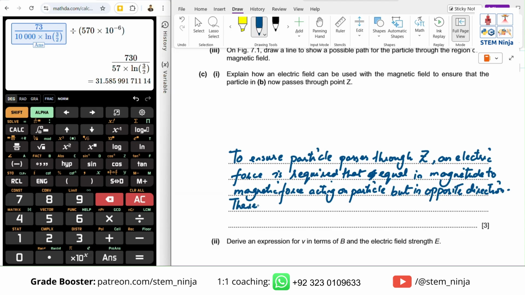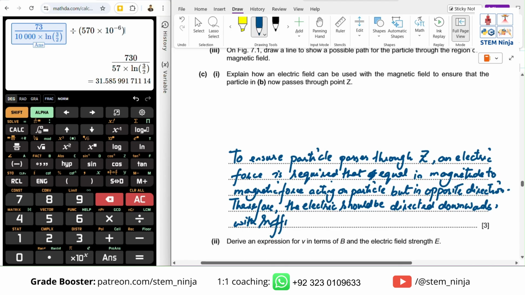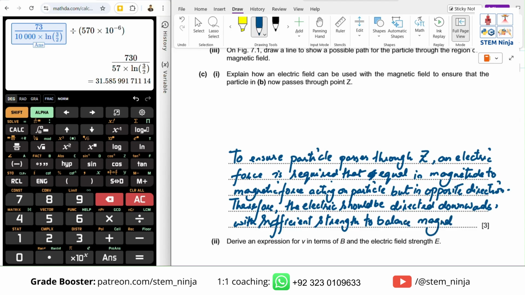Therefore, the electric field should be directed downwards also, with sufficient strength to balance the magnetic force.